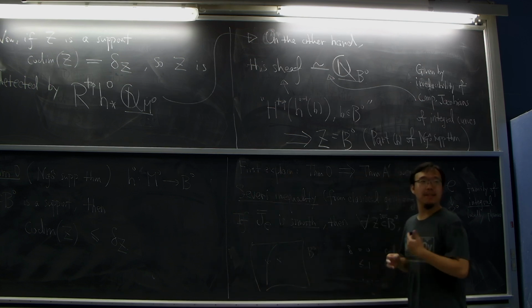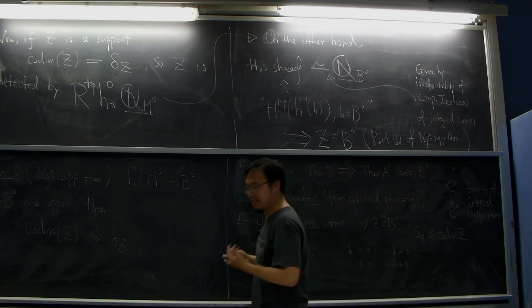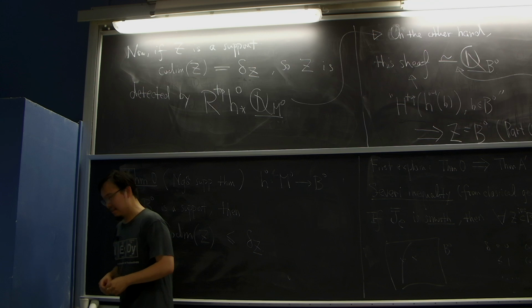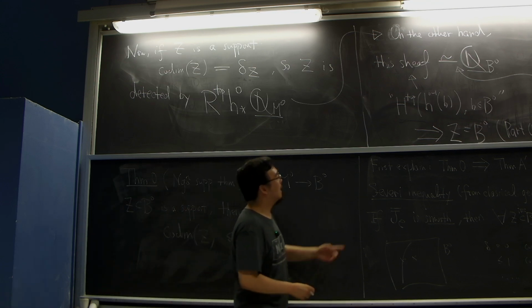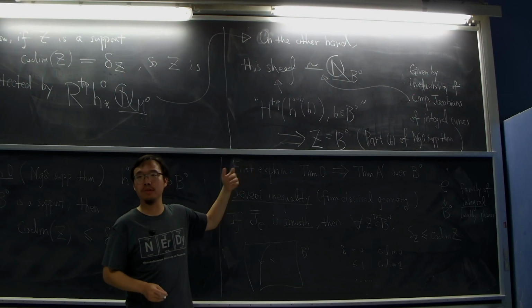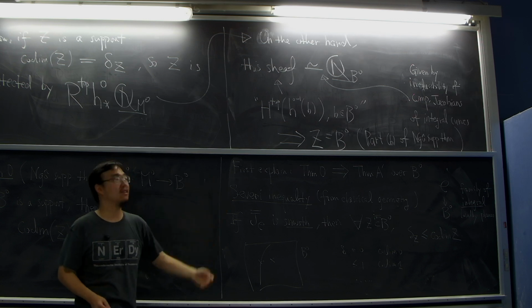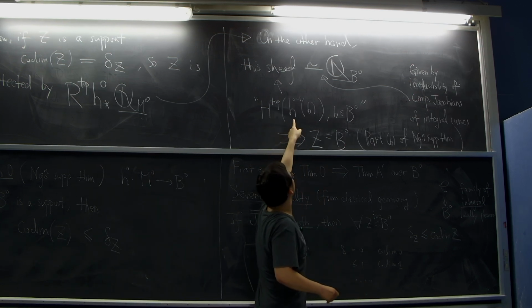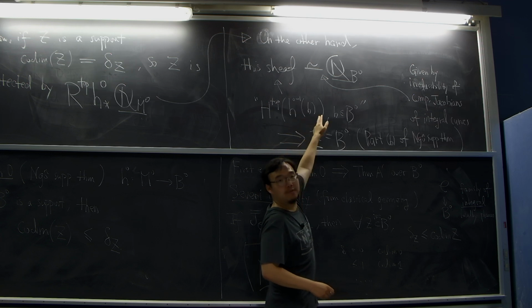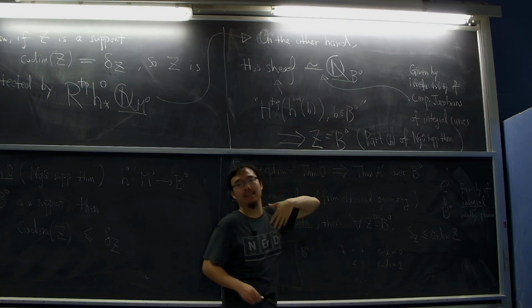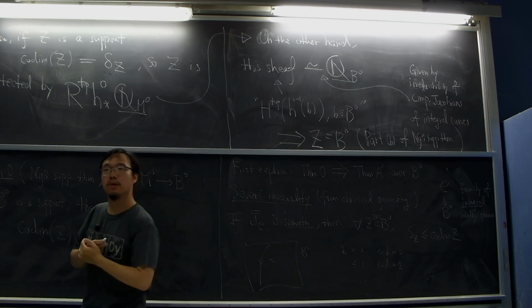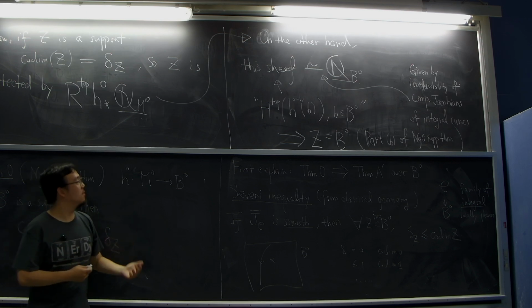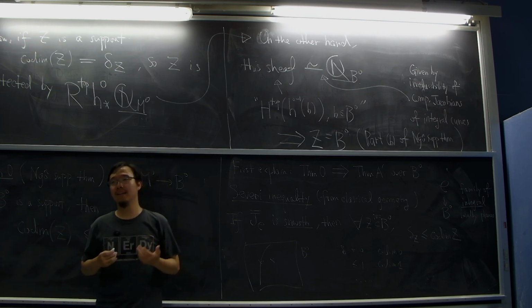Okay, so this is the explanation of how to see the full support property for the integral locus. But you see immediately this argument fails if you want to go beyond B circle to B. Because if you consider H top of the preimage of a B lying outside of B circle, then the corresponding fiber would be highly non-integral.